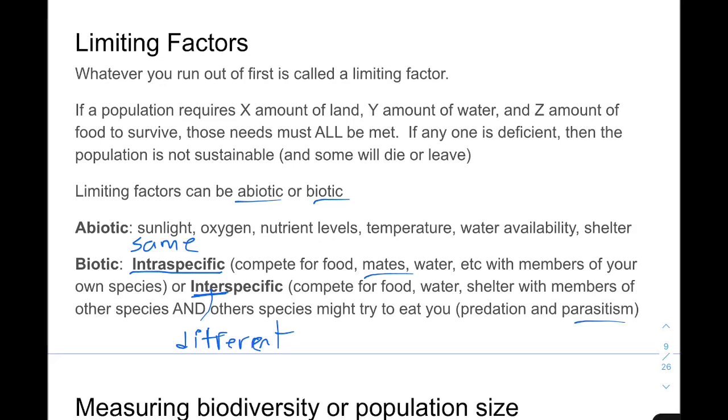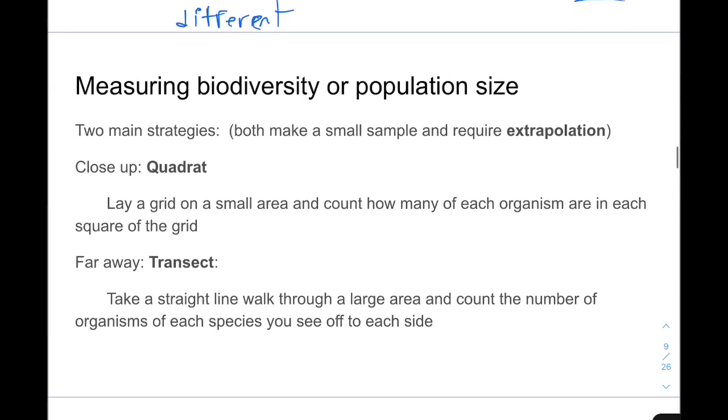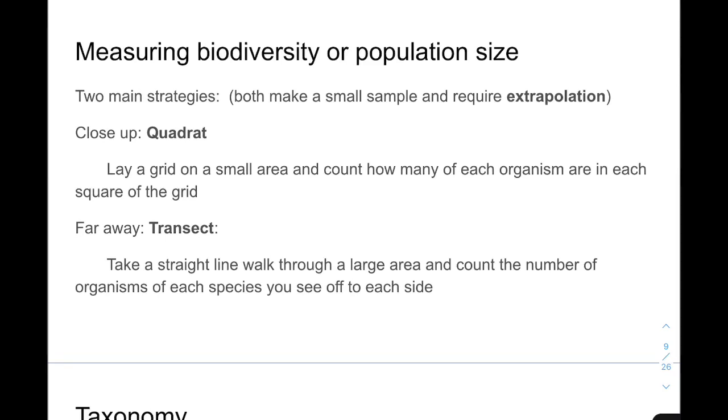Same thing for parasitism. You may have your population limited because of disease. If disease spreads through an area, this is not an area where a lot of you can survive. Whether that's a bacterial infection or a parasite or what.